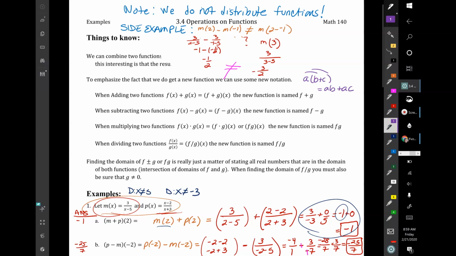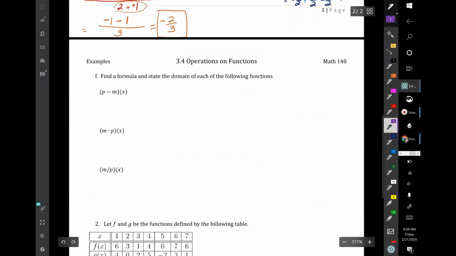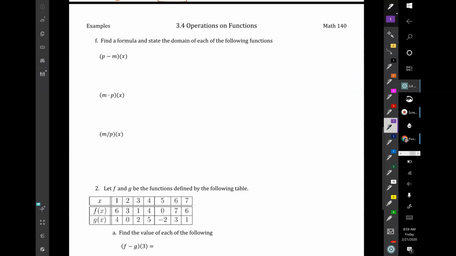So now I'm going to go to page 2 and work some things. This part is a little more complicated in the middle here. I will go through it, but we might want to talk about some of these in class.